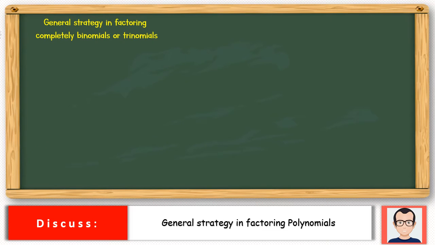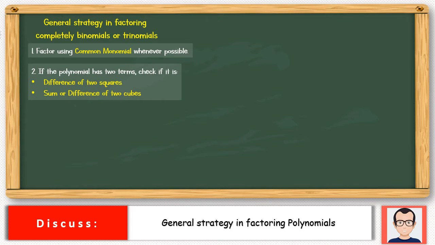The general strategy in factoring completely binomials or trinomials are the following. Number 1. Factor using common monomial whenever possible. Number 2. If the polynomial has two terms, check if it is a difference of two squares or sum or difference of two cubes.